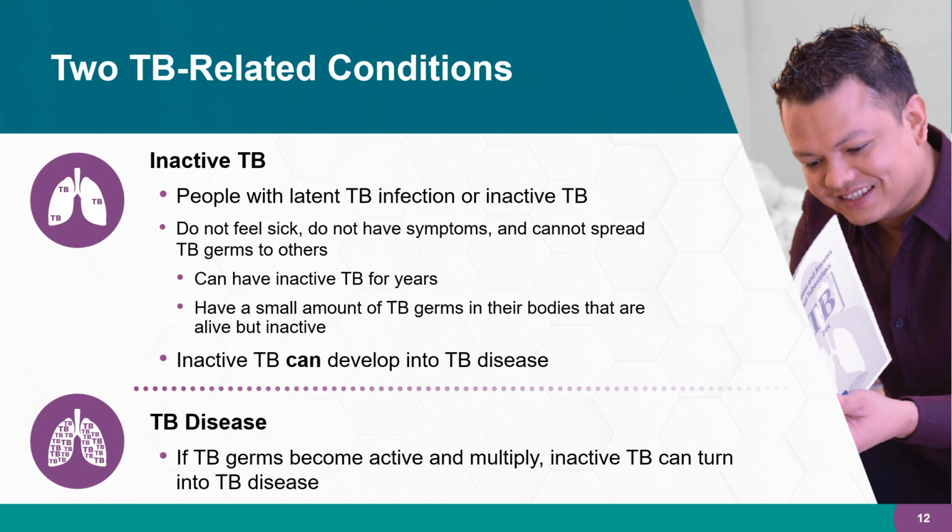People with inactive TB have TB germs in their bodies but do not have TB disease and cannot spread the infection to other people. TB germs become active if the immune system can't stop them from growing. When TB germs are active, that is, multiplying in your body, this is called the TB disease.